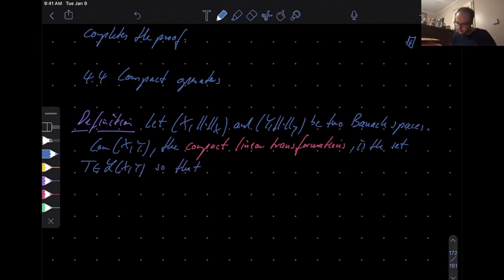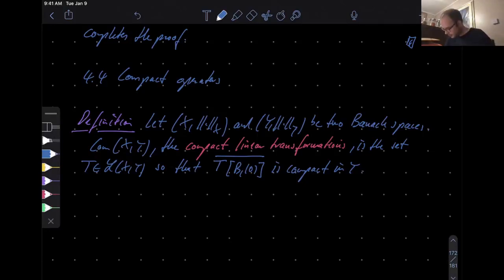Some people don't do it, they just work with the following line, which actually implies the boundedness. So what I build into the definition is that this set, the image of the unit ball in X under T, together with all its limit points, that is, its closure, is compact in Y. This is a subset of Y, and the distinguishing feature of a compact linear transformation is that this set is compact in Y.